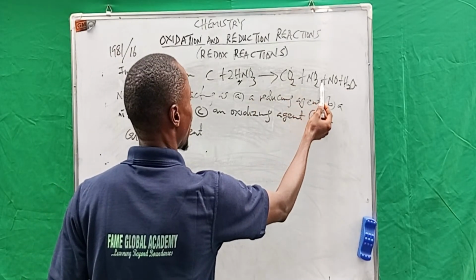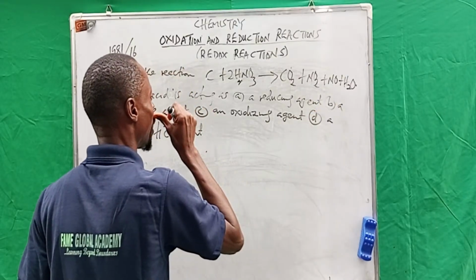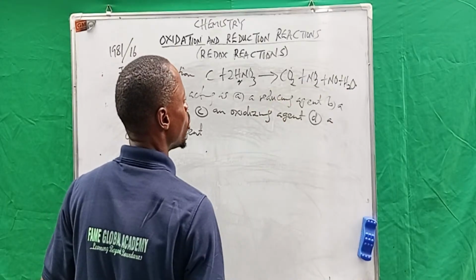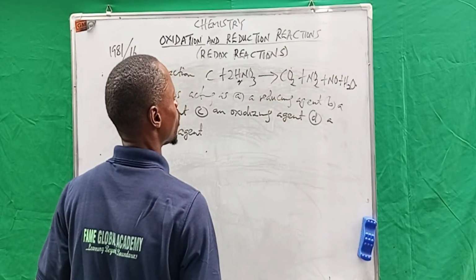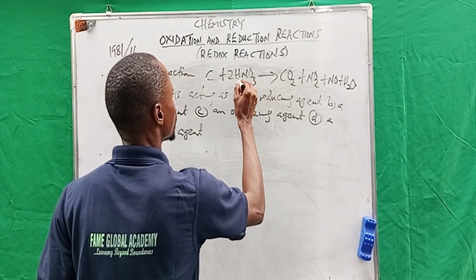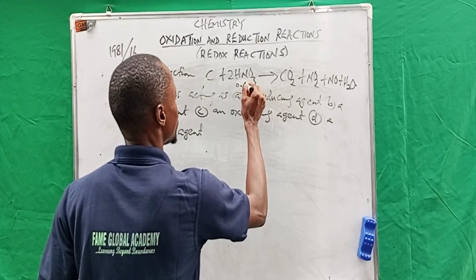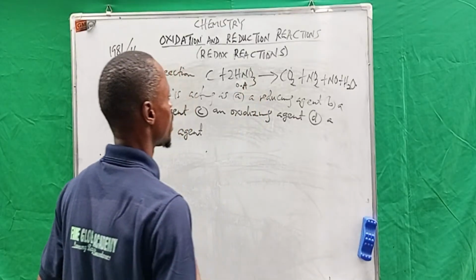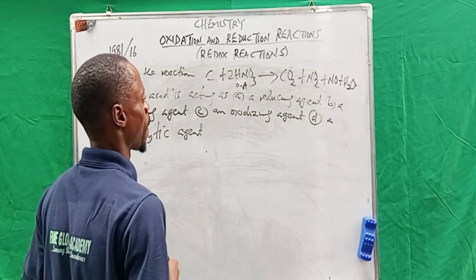NO2 and NO. How did I actually know that HNO3 was reduced to NO2 and NO? Now, if it has been reduced, it simply means it is the oxidizing agent.